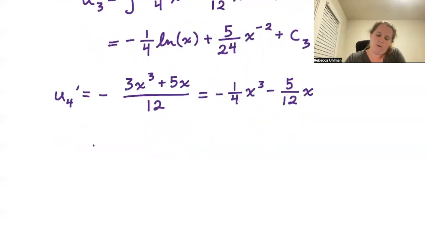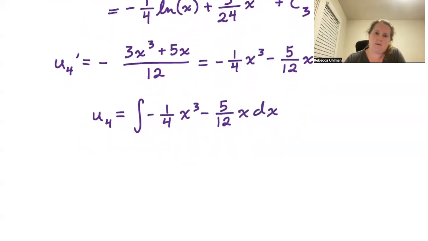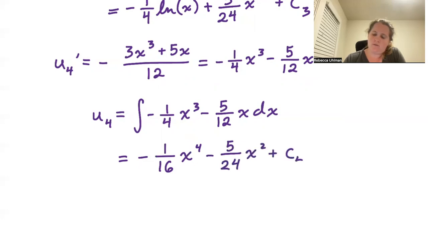Taking this integral, we get that u4 is equal to the integral of negative 1/4 x cubed minus 5/12 x dx. And we get that this is equal to negative 1/16 x to the 4th minus 5/24 x squared plus c4.